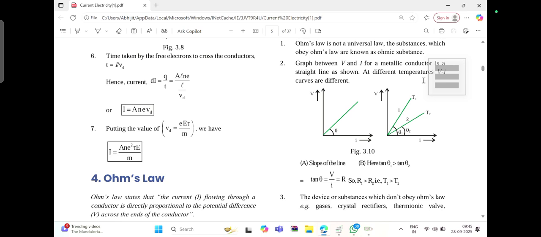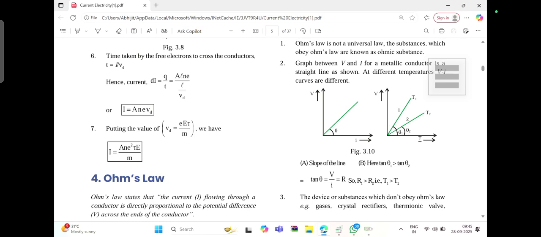And I have already told you that theta is the slope of this graph; actually tan theta 1 is the slope. If theta increases, the resistance also increases. V is in the direction of the y axis and I is in the direction of the x axis.